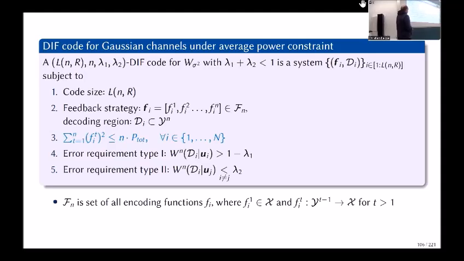Again, the decoding sets are not disjoint, so they can have overlaps. And F_n denotes the set of all encoding functions f_i, where f_1 is just an element of X because we haven't sent something before, and f_i depends on the message, of course, and additionally on the previously received sequence, which is now known to the sender.